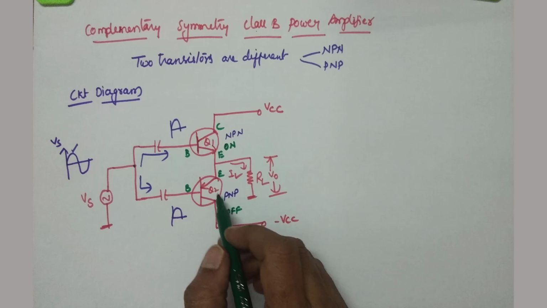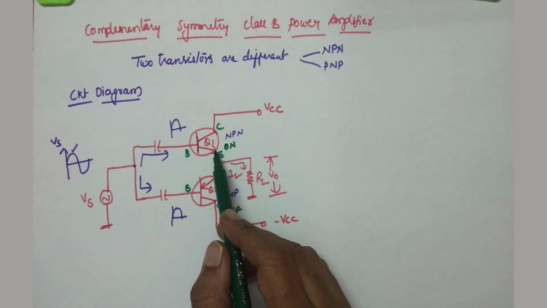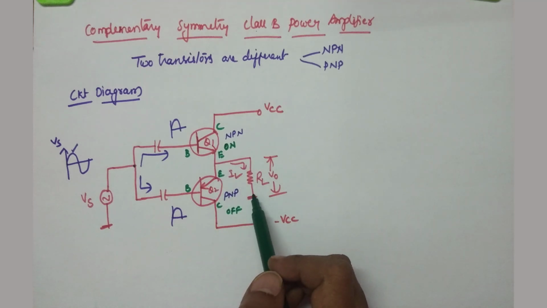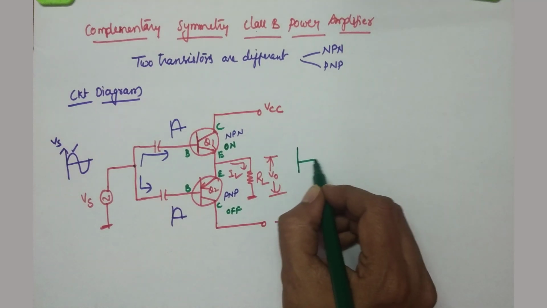So this transistor gets disconnected, meaning it gets opened. Your circuit consists of only this transistor, and the output current, the emitter current, will flow like this. That is nothing but your load current. So at V0, you are going to see this signal.